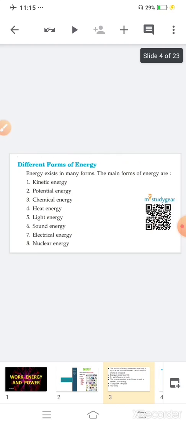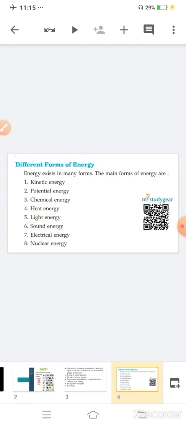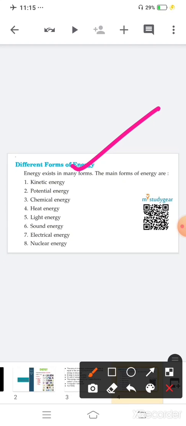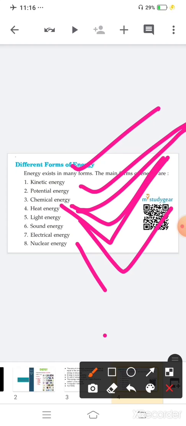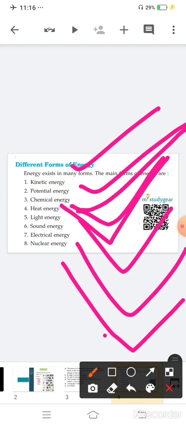Is this clear? Now, different forms of energy. Energy exists in many forms. The main forms of energy are: number 1, kinetic energy; number 2, potential energy; number 3, chemical energy; number 4, heat energy; number 5, light energy; number 6, sound energy; number 7, electrical energy; number 8, nuclear energy.